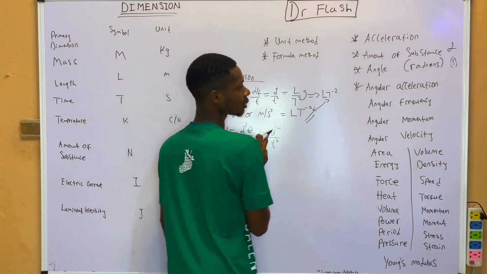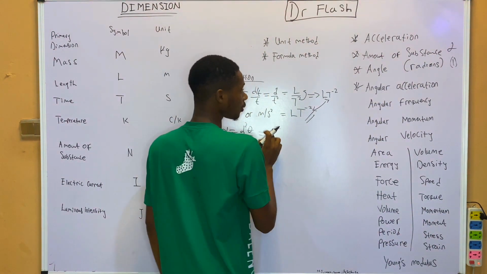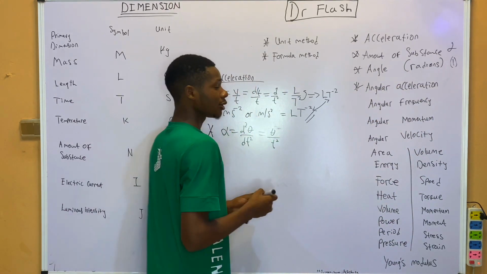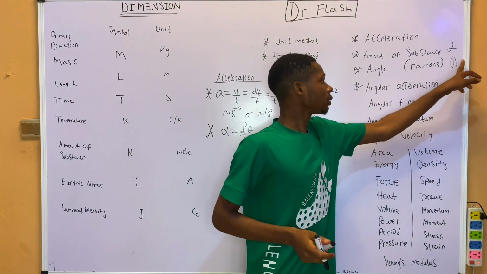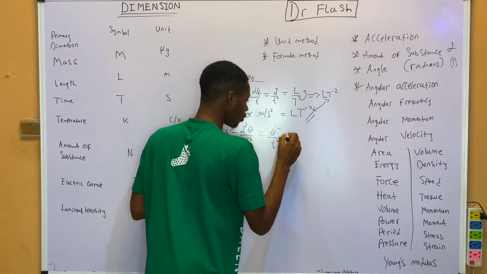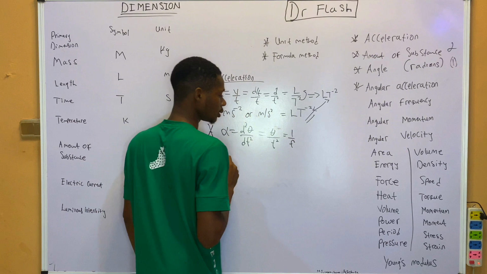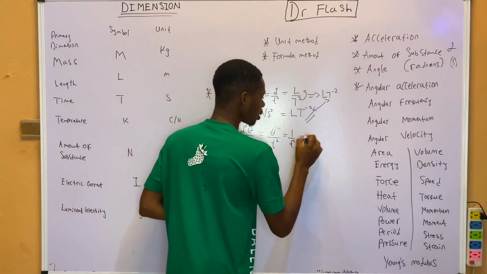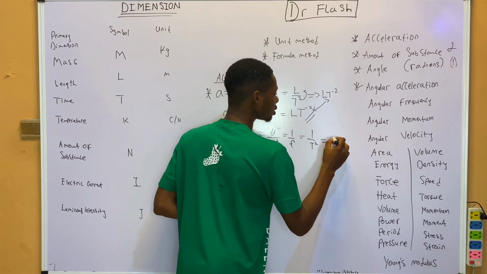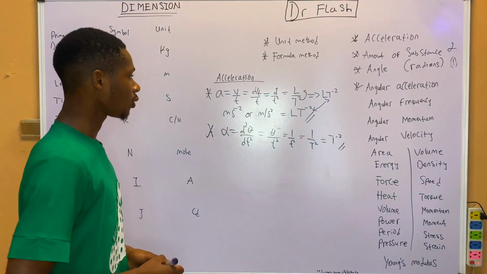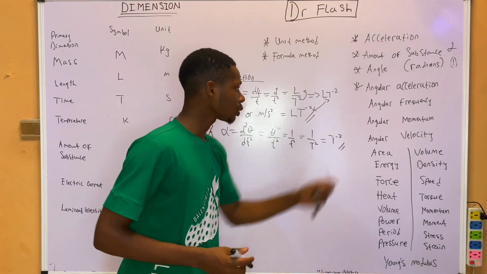The unit of theta, which is angle, is radians, but for dimension we take it as 1 because it has no dimension. For that reason we're going to have 1 over t squared. The dimension for time is capital letter T. That gives us 1 over capital T squared, which is equal to T to the power of minus 2. That is the dimension for angular acceleration.